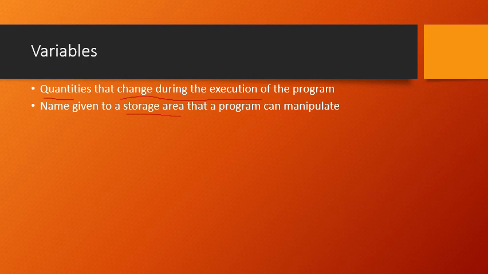For example, as an analogy, your house will have a particular number, a house number, and your house might have a name by which it is identified. In the same way, if someone wishes to access the storage of the computer, it has to be accessed by a particular name. Those names are again called variables here.